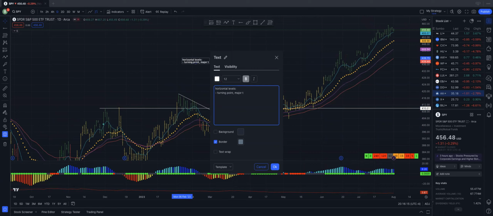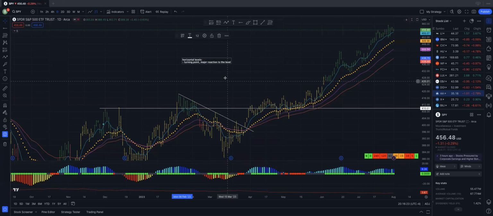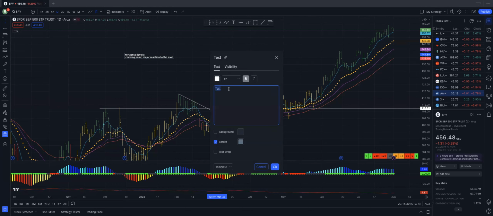Major reaction. Major reaction to the level. Okay, so that's the first thing. And then for trend lines, trend lines.